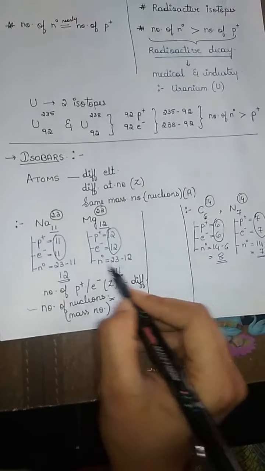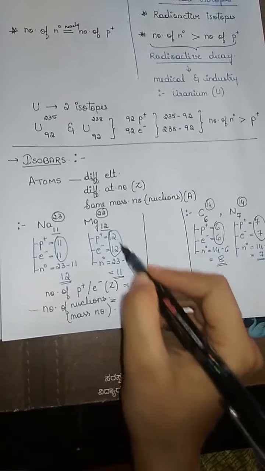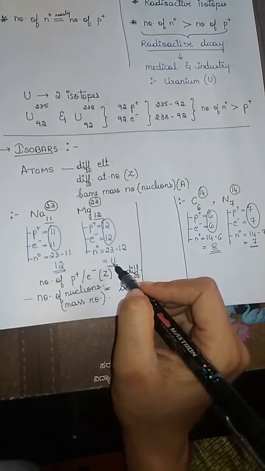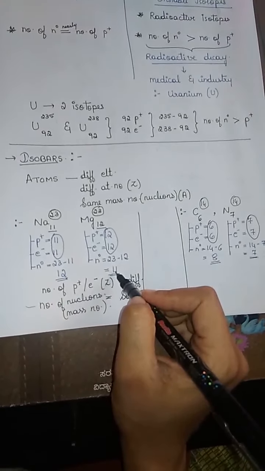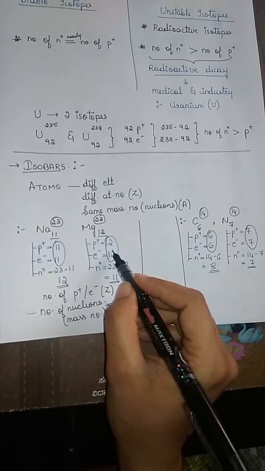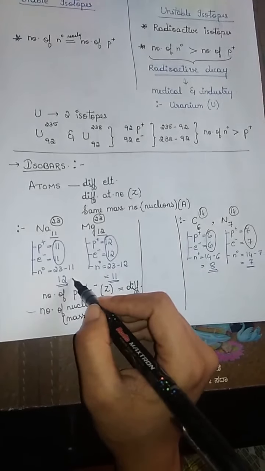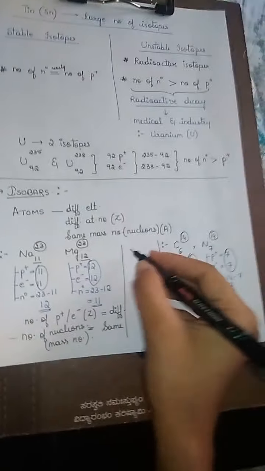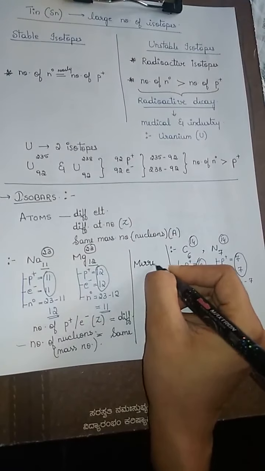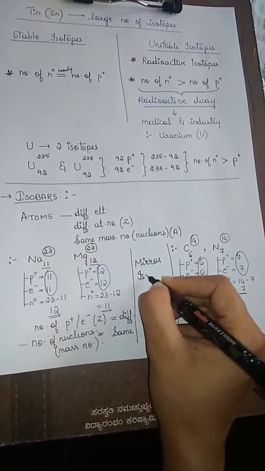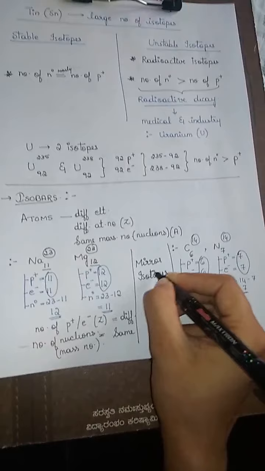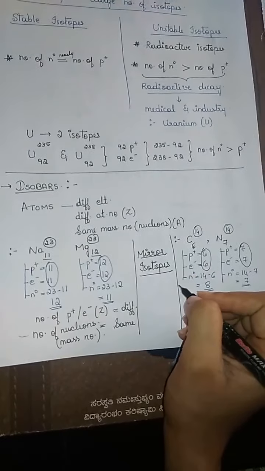So basically these are interchanged, correct? The number of protons of one element is interchanged with the number of neutrons in the other element. Hence these are called mirror isotopes.